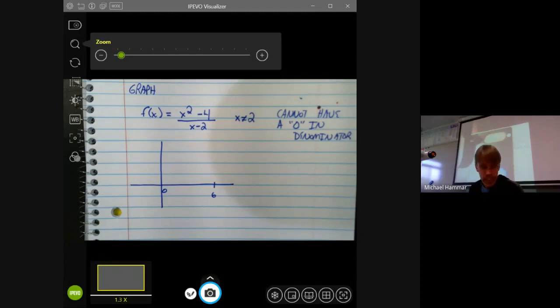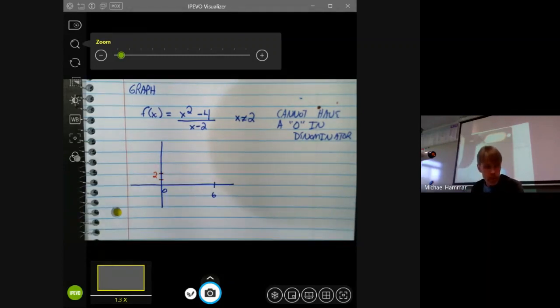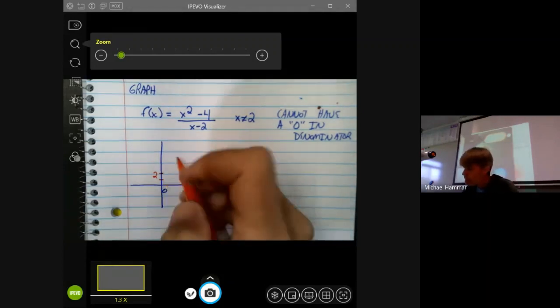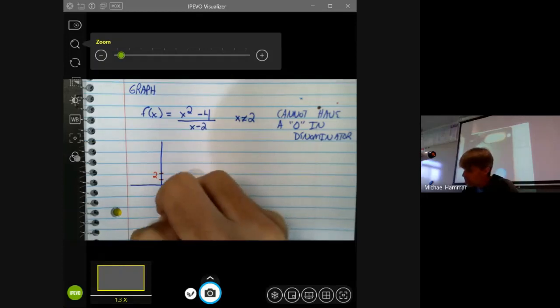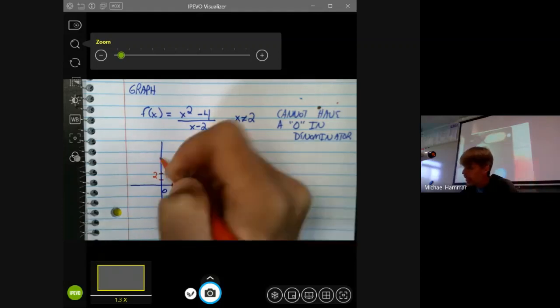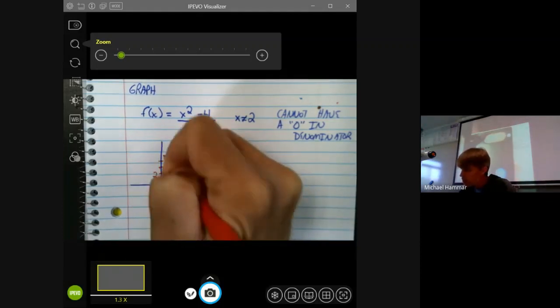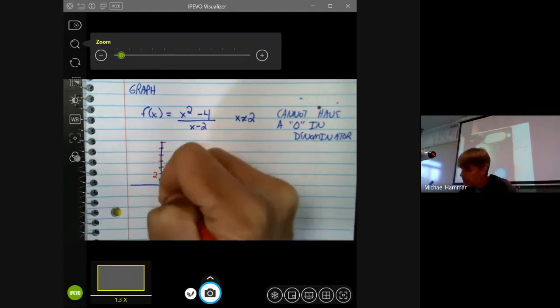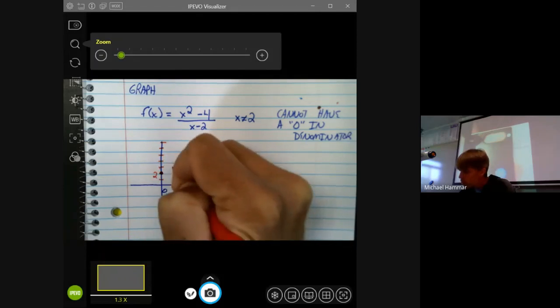So I'm going to quickly sketch this graph in. I know there's a couple key spots. First of all, it crosses the y-axis at 2. And then I also know it has a slope of 1. So it's going to go 1, 2, 3, 4, 5. So here we have our first dot here at 2.